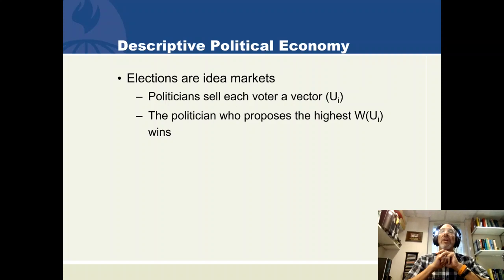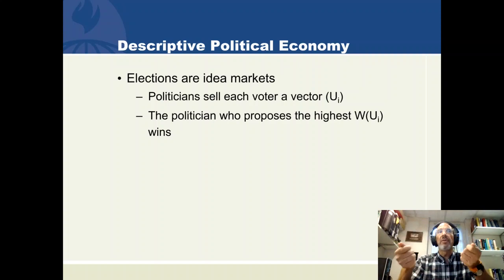When a politician is running for office, they are trying to give you as a voter a forecast of what your utility will be if they win office. So when you see an election ad, that candidate is saying to you, Joe, your utility if I become the president will be 7. That's better than it was. You were at a 4. If you vote for me, you'll get a 7.